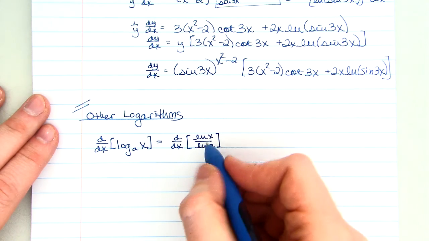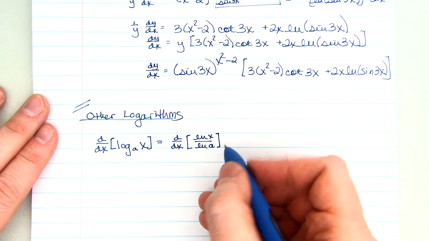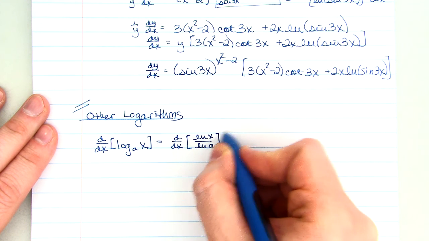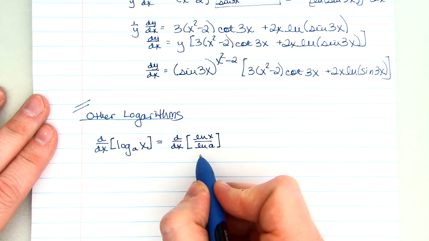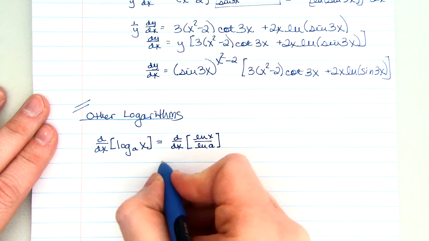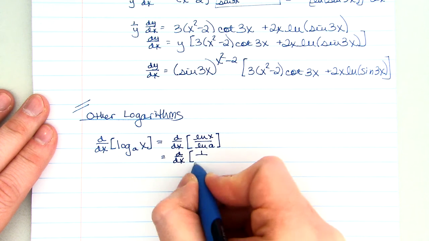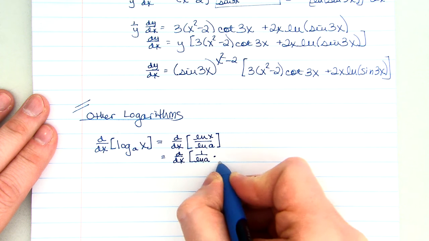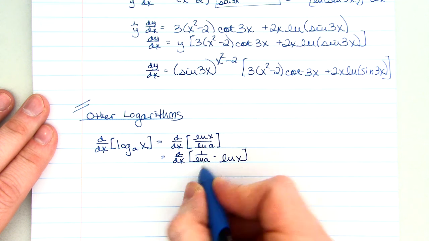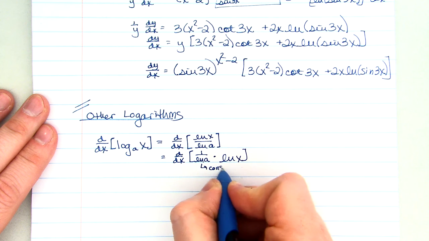And actually, I'm going to do a little more rewriting here. First of all, I'm using the change of base formula to get this. Natural log of a, though, is just a constant because a is a constant. So how about I say this is the derivative of 1 over the natural log of a times the natural log of x. And again, this is a constant.